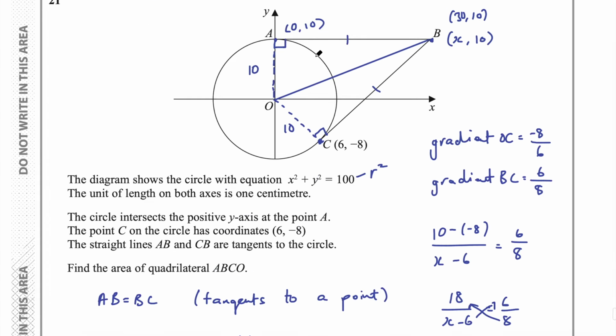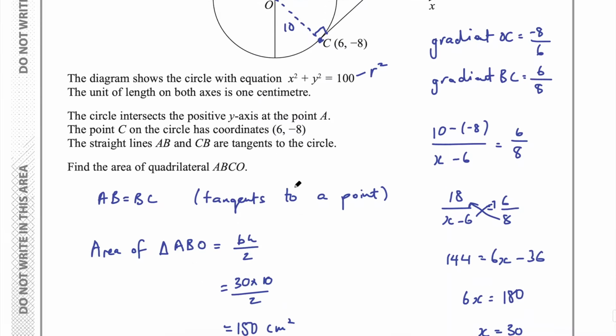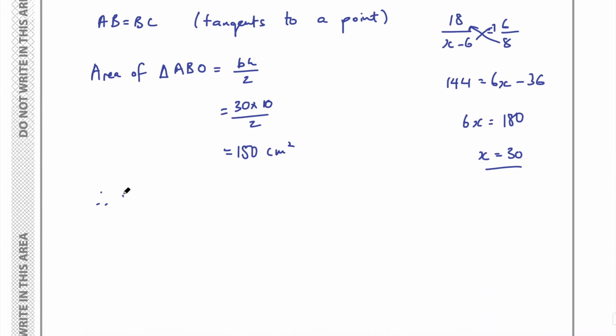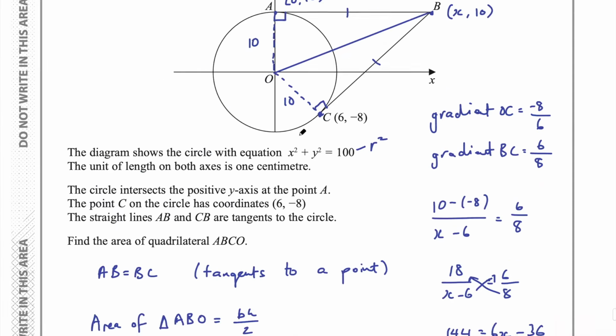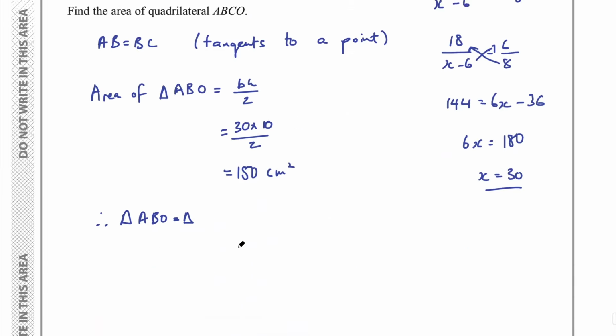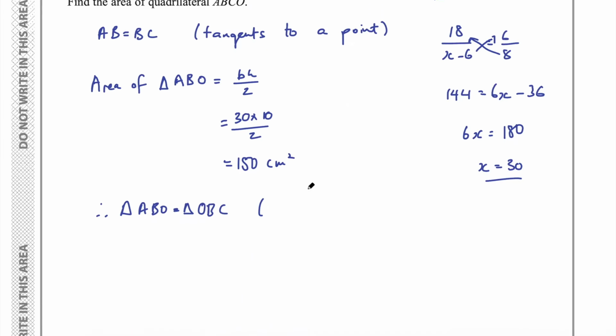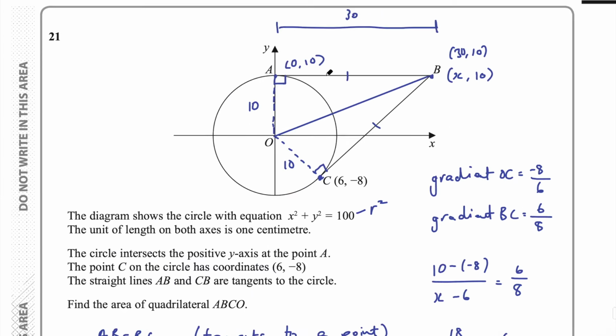Now, we know these two triangles are congruent because they have the same angles and the same lengths. I probably should also state that. So triangle ABO is congruent to triangle OBC. And this is due to the fact that they have two lengths the same and one angle in between that to be the same.